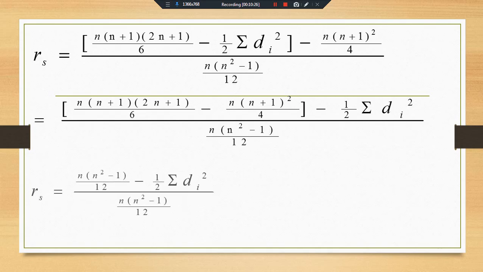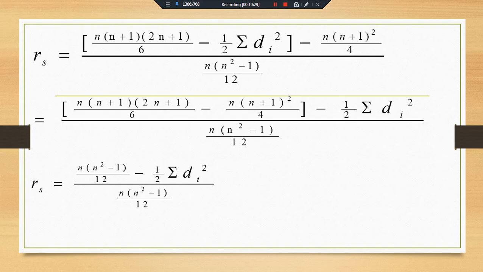After simplification, see here we have the same part, but this 12 is multiplied by both this and this, and this is the denominator for this part and this part, so that's why this part will be cancelled out, 1 minus, and this 12 will be multiplied by this, and this 2 will cancel 12, and we get 6. And after the solution of this derivation, we get rs is equal to 1 minus 6 summation di square over n into n square minus 1.